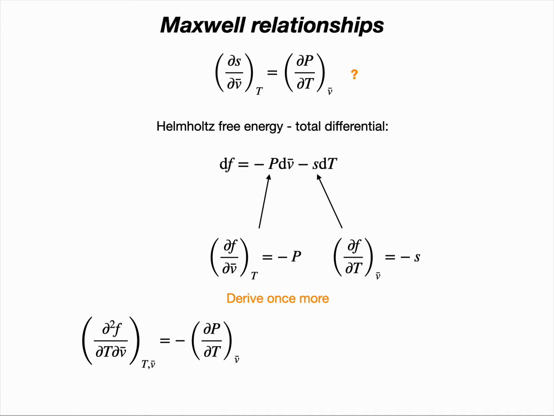Let's do it. If we derive once more this expression, we did it already with regard to the volume. Let's do it with regard to the second variable in this expression, which is the temperature. So we have d2F/dV, at constant temperature. We take the derivative of this with regard to T, at constant volume.